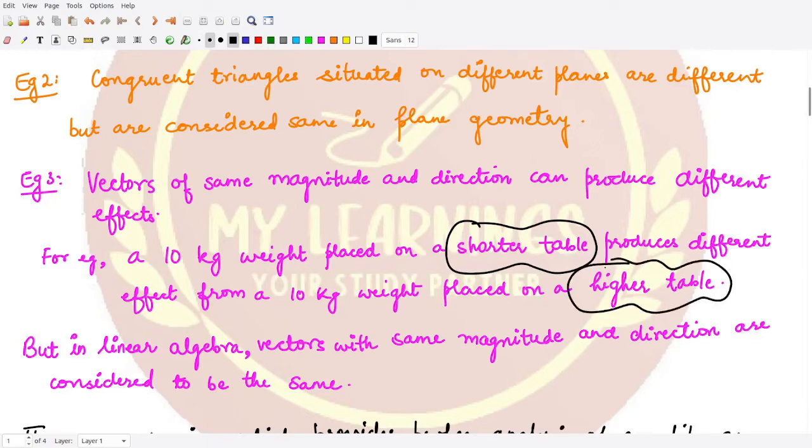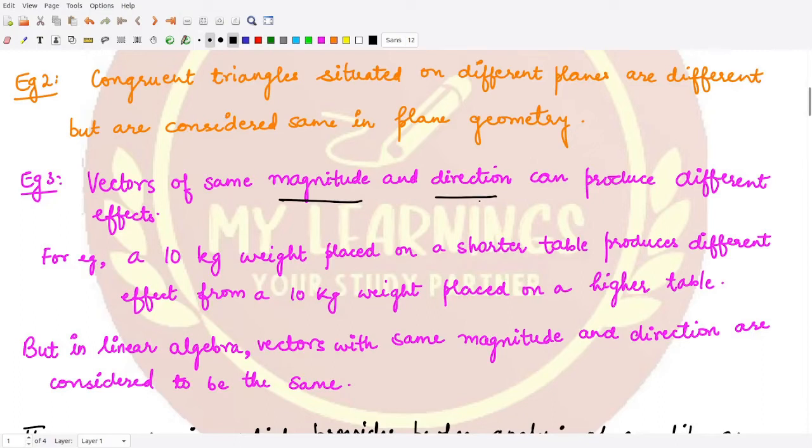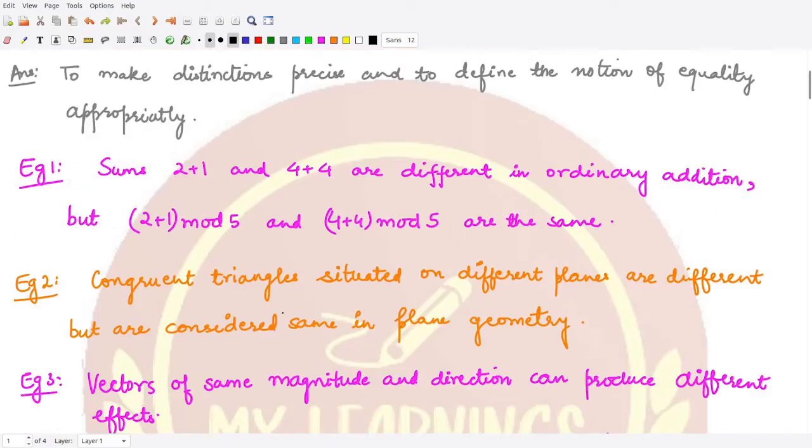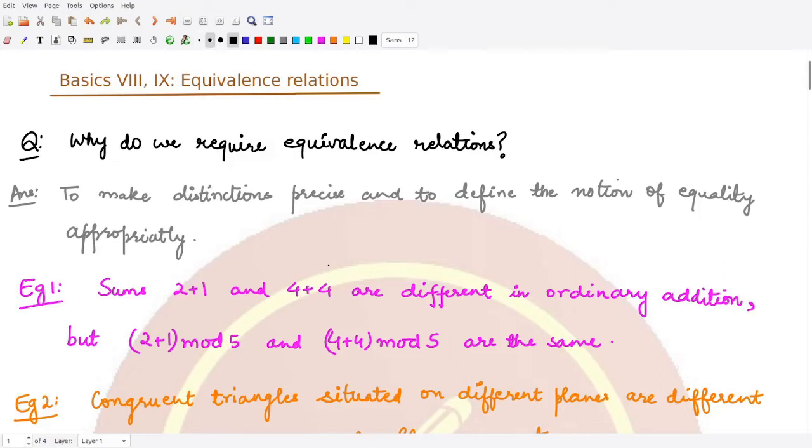So you see their effect and force would vary according to their positions. So in this case, the same magnitude and the same direction would give you different results. However, in linear algebra we take them to be the same. So you see the difference. In order to answer these questions, we have this term, the equivalence relation.